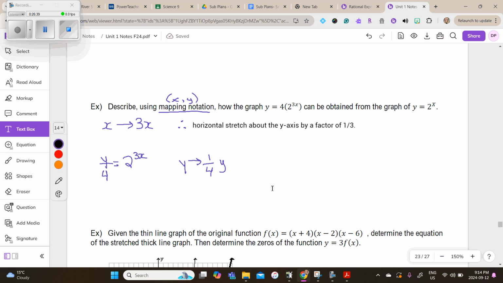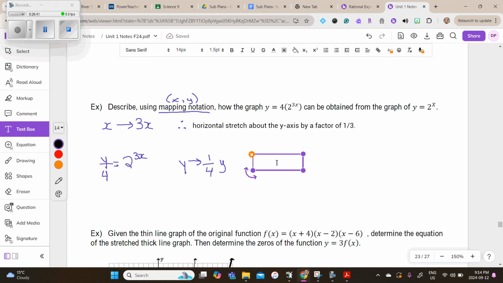So therefore, we have a vertical stretch about the x-axis by a factor of 4. So this one, once again, could be checked using your calculator. We have a horizontal stretch about the y-axis by a factor of 1 over 3, and a vertical stretch about the x-axis by a factor of 4.